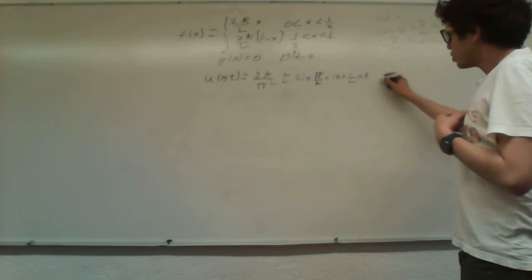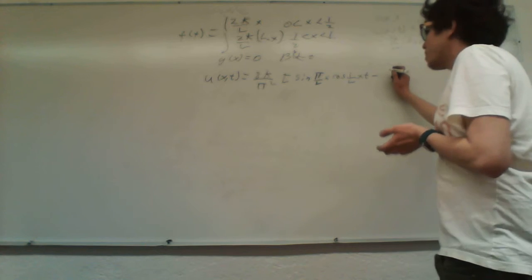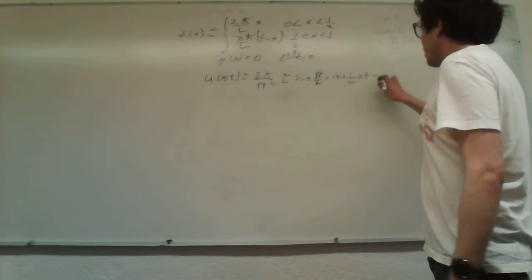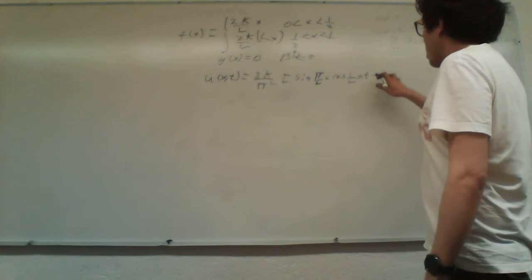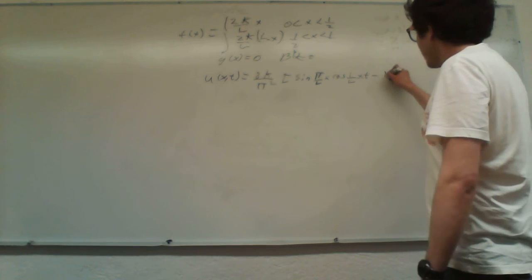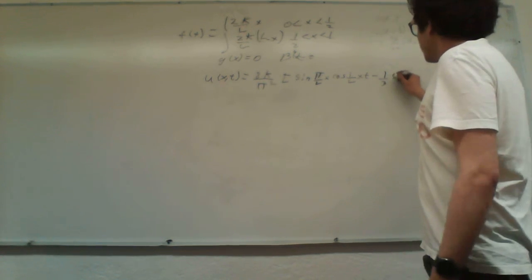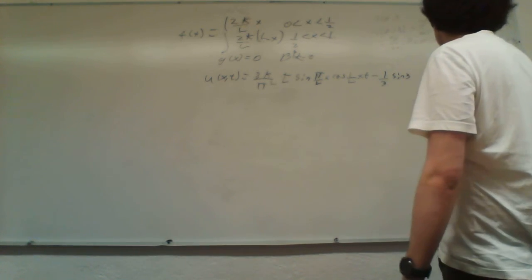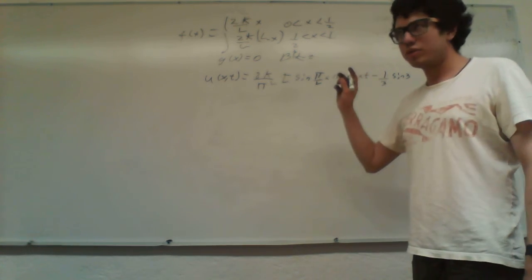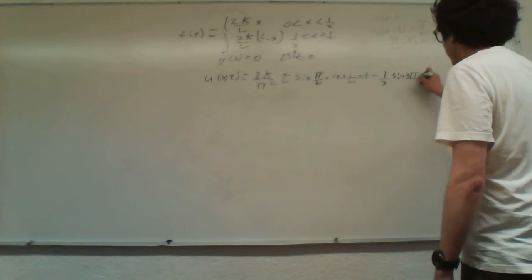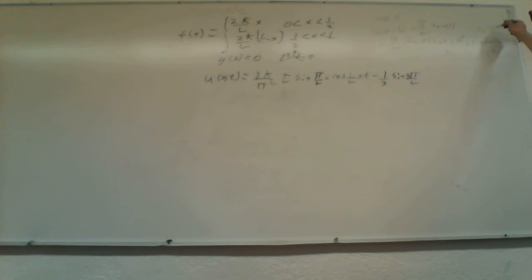And also, like this Fourier series, we have another term that is minus 1 over 3 squared sine of 3 pi over L x.